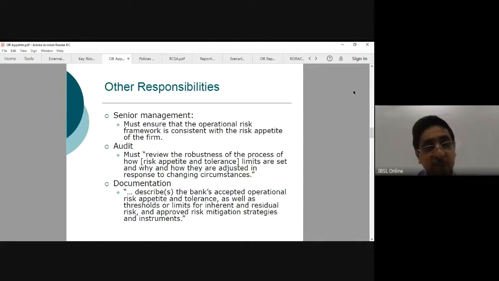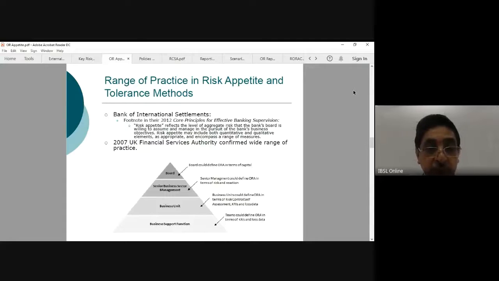But most of the time, operational risk appetite is devised in a more qualitative form than quantitative, more or less qualitative. Now you can just see the differences here.